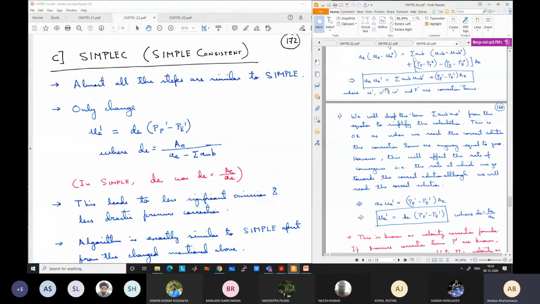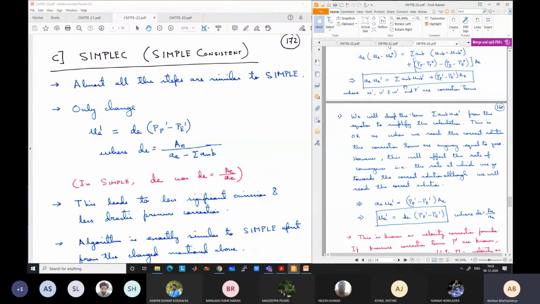What was done was that instead of taking the neighboring u dash values, it was replaced with uE dash itself. If you omit the summation anb unb dash term, you are taking 0 in place of this term.